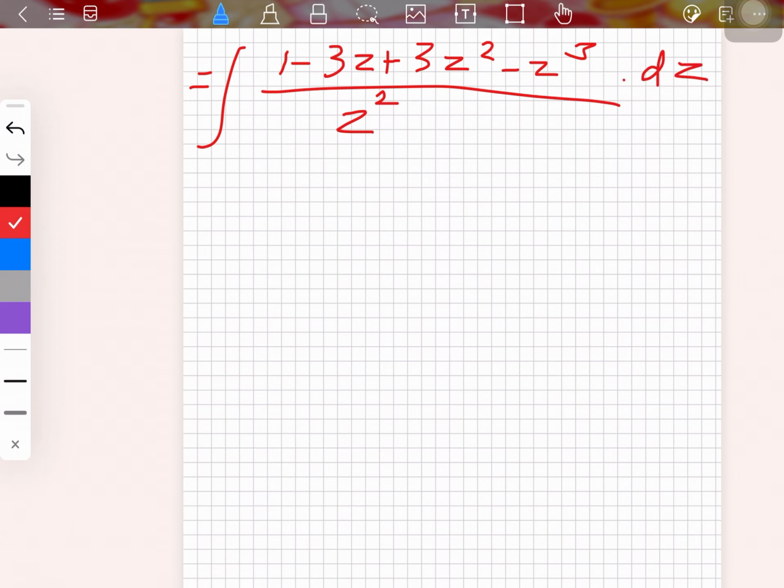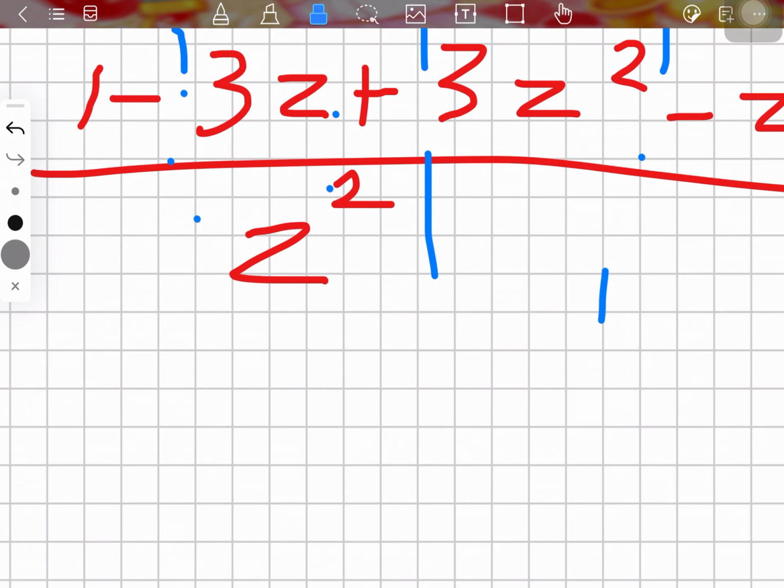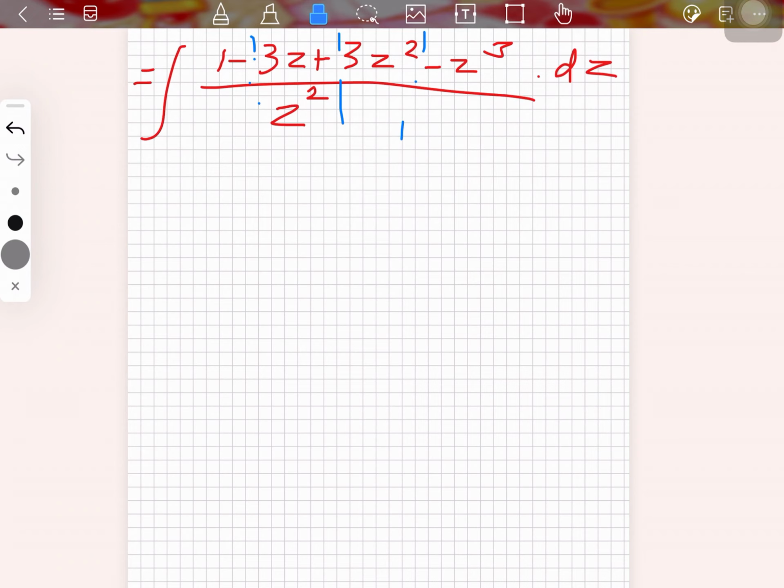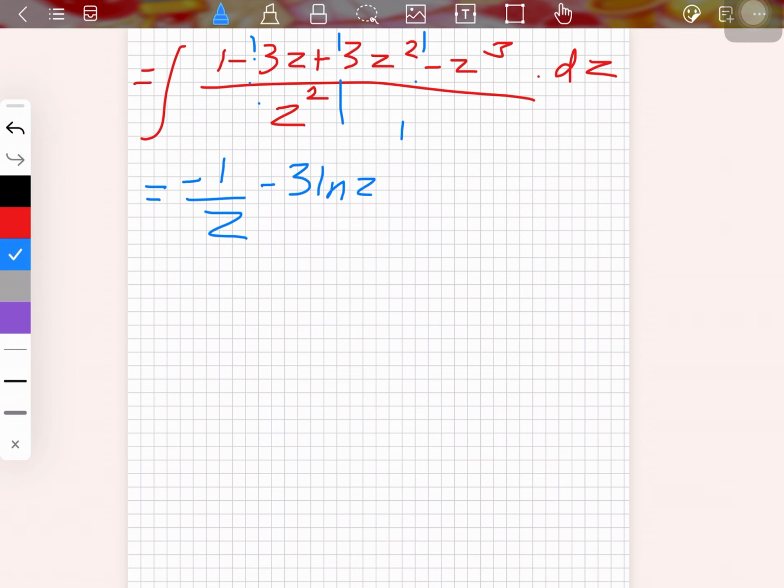So now it's simple integration. You're just going to separate them into different integrals, and if you do that, then what you will find, the answer is (1 minus z) minus 3 ln z plus 3z minus z square upon z plus c.